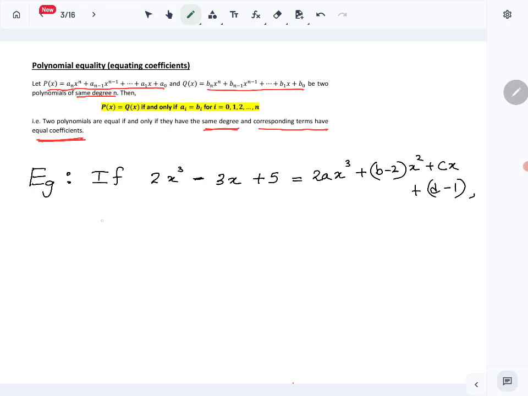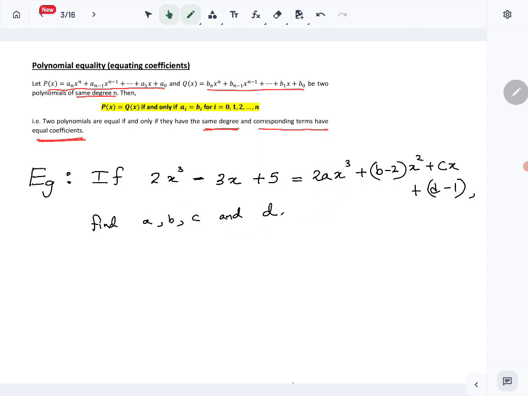If this is true, find A, B, C, and D. So look at the left hand side. It's a degree 3 polynomial. Right hand side is also degree 3 polynomial. So they are saying this is true. So that means these two polynomials are equal. So then what is the condition? Each of the corresponding coefficients should match.